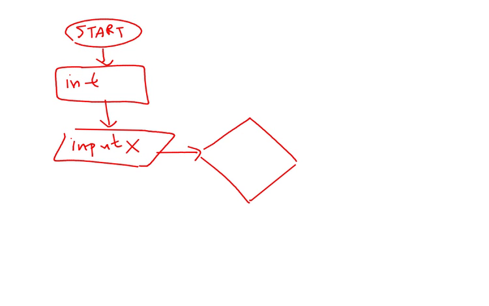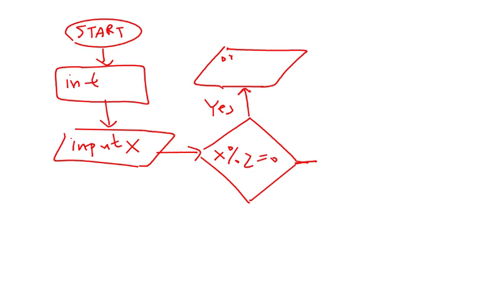We checked if x modulus 2 was equal to 0. If it is, we output that it was even. And then what did we do? If it's not, we skip that. And then both of these went on to the next check.